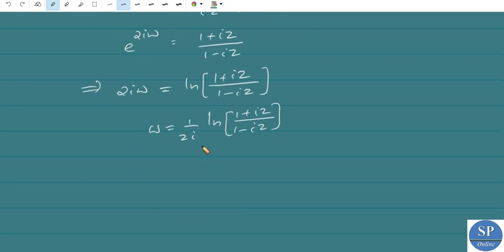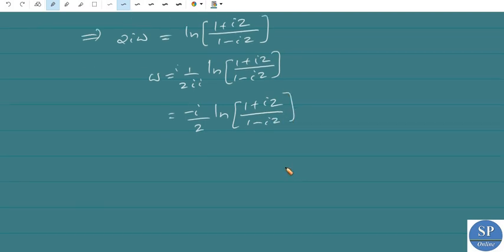When we multiply this with i, 1 by i is minus i, since i square is negative 1. So minus i by 2 into ln of 1 plus iz divided by 1 minus iz.